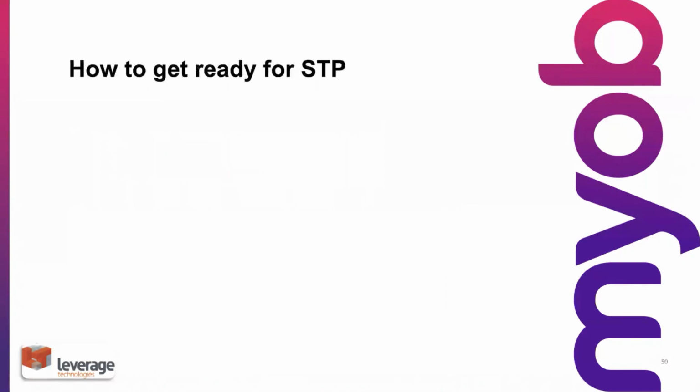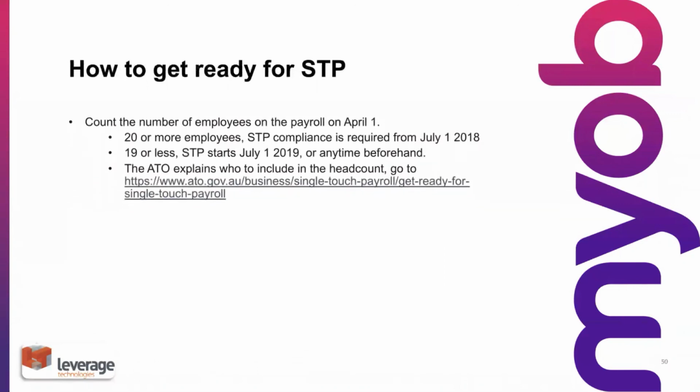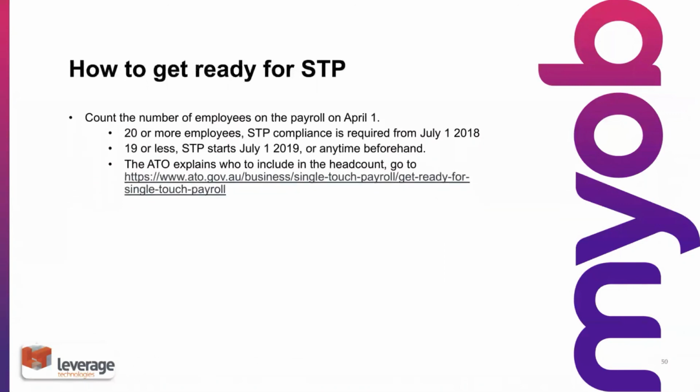So how do we get ready for single touch payroll? From the ATO's perspective, it's a matter of the number of employees. If you have 20 or more employees from the 1st of April, then you have to be compliant from the 1st of July 2018.